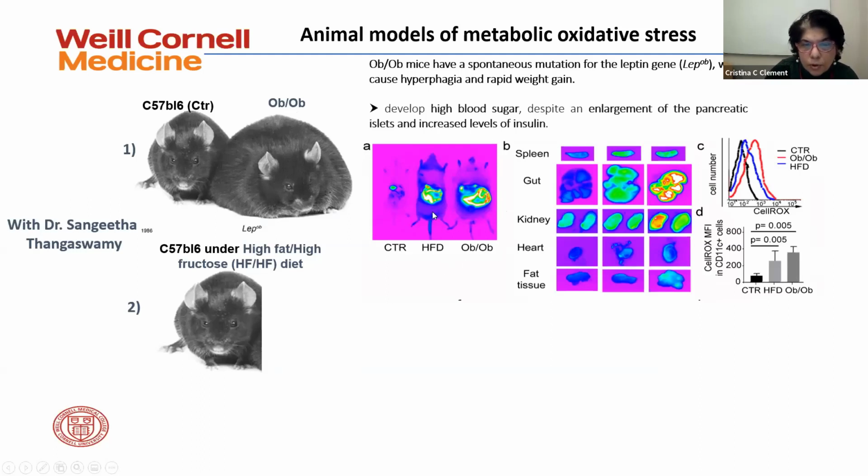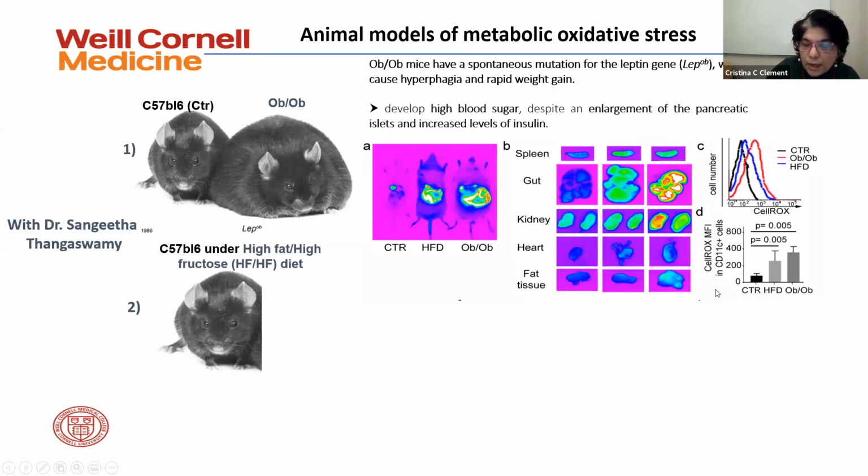So we proved at the level of different organs and tissues that we have increased oxidative modification, as you can see here, both in the OB and the high-fat fructose diet mouse, and almost all the main organs, from the spleen, as a secondary lymphoid organ, and then kidney, heart, and fat tissue, were systematically accumulating the redox stress conditions.